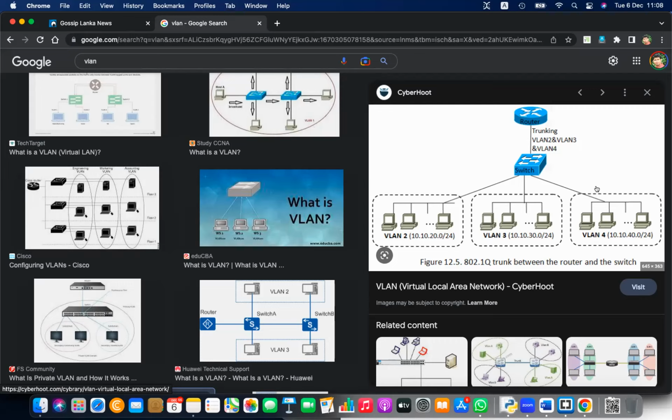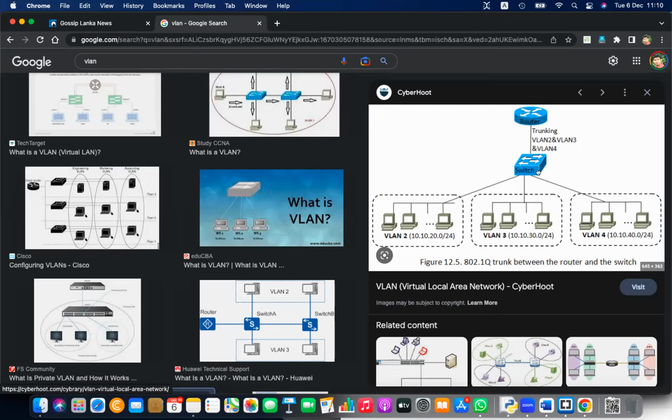Likewise, regardless of the physical appearance, if you want to create local area networks virtually, it can be done through a manageable switch.